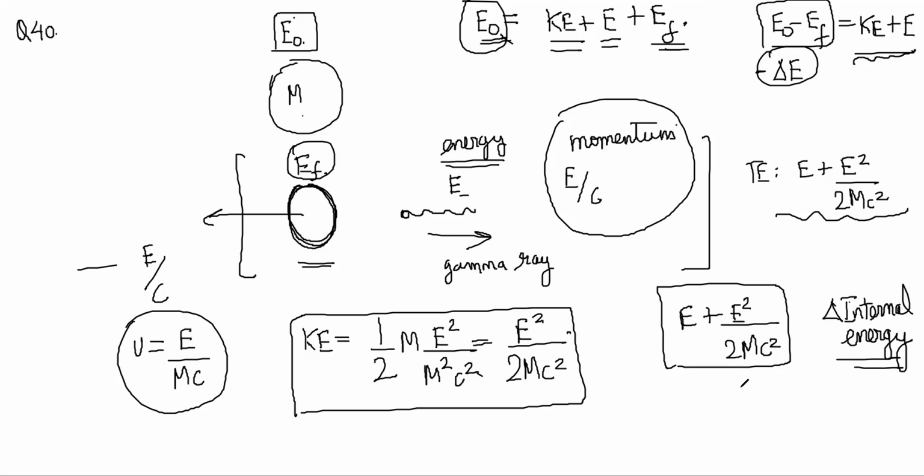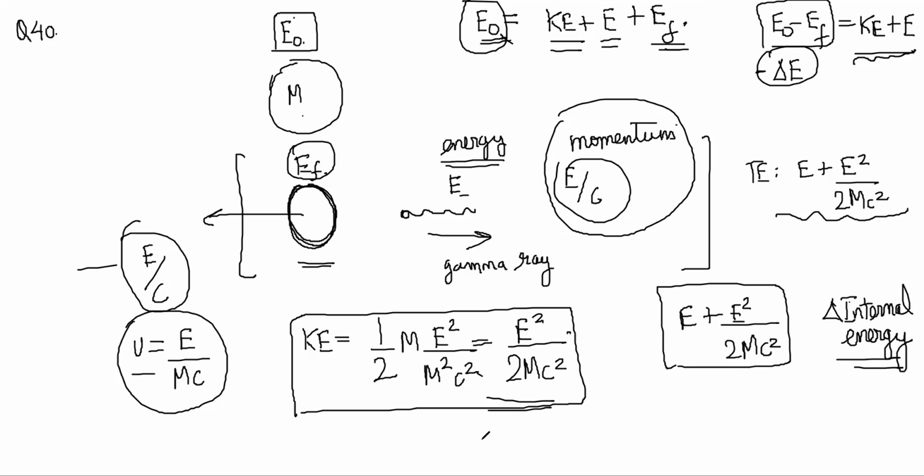Basically, the only things you can do are momentum conservation and energy conservation. Momentum conservation gives us the velocity. Because this momentum is coming out of nowhere, the nucleus must also have this much momentum backward. So velocity must be E by mc, so the kinetic energy must be this much.